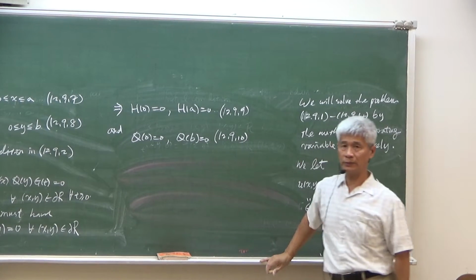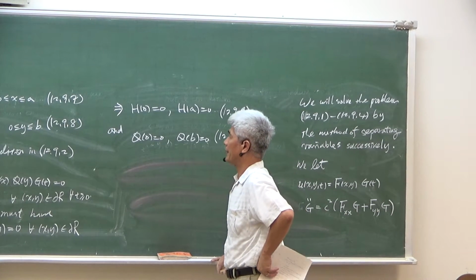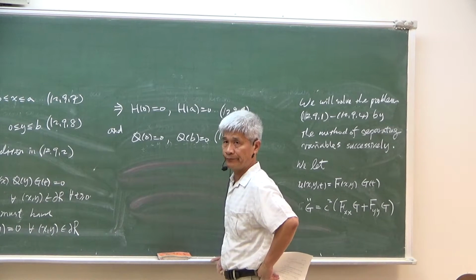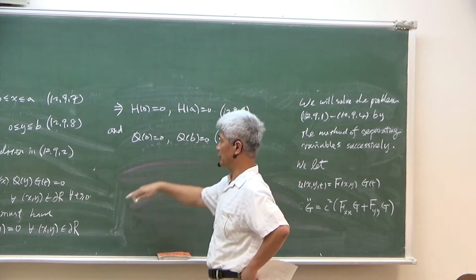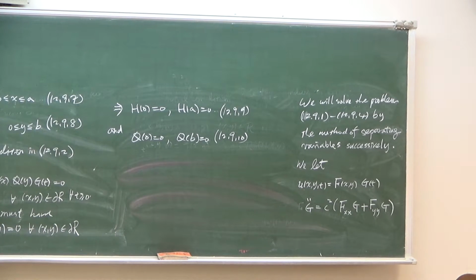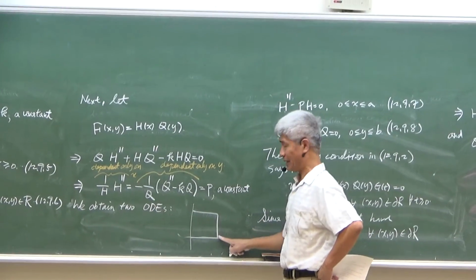That is the only way, because the boundary is here: on this boundary y is 0 and y is b, and on the other x is 0 and x is a.